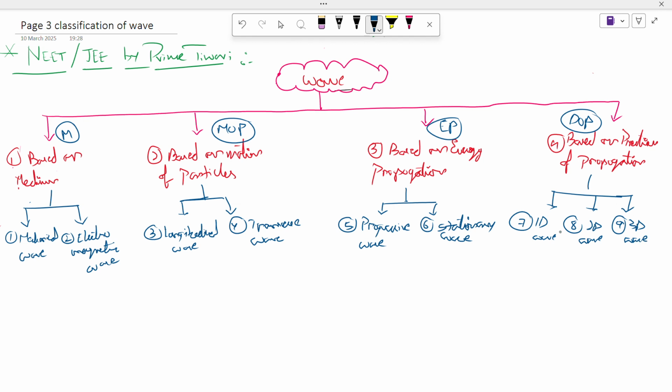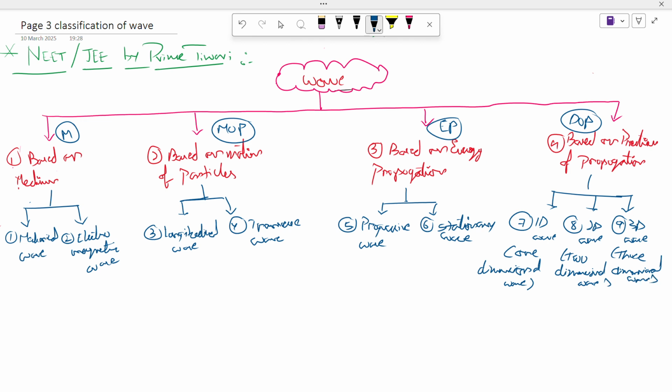You can also elaborate it as well. 1D stands for one dimensional wave. 2D stands for two dimensional wave. And 3D stands for three dimensional wave.